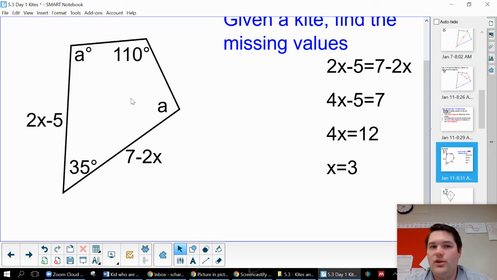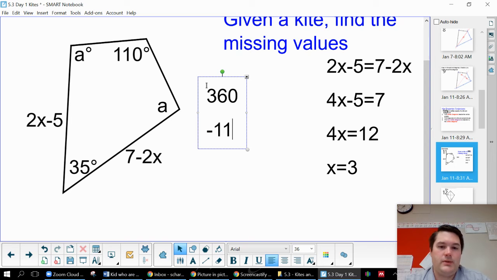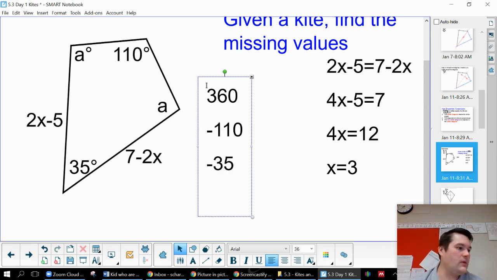If you happen to know that one, or if you just used your formula, 4 minus 2 times 180 is 360. So I can take 360 minus 110 minus 35. I should have a calculator ready. That would be great, but I don't. Sorry about that. So here we go. 360 minus 110 minus 35 gives me 215.